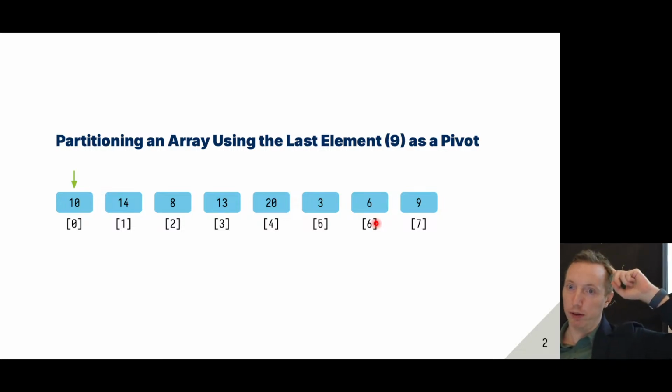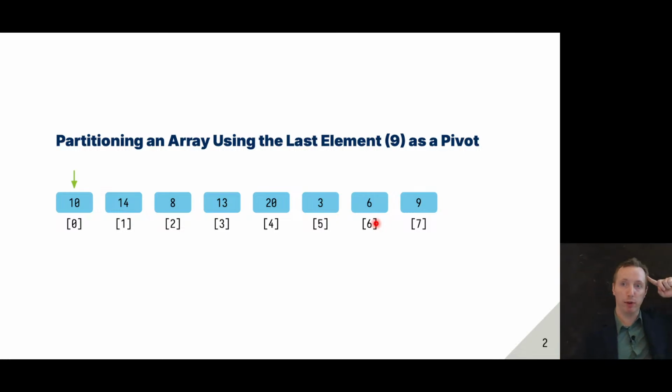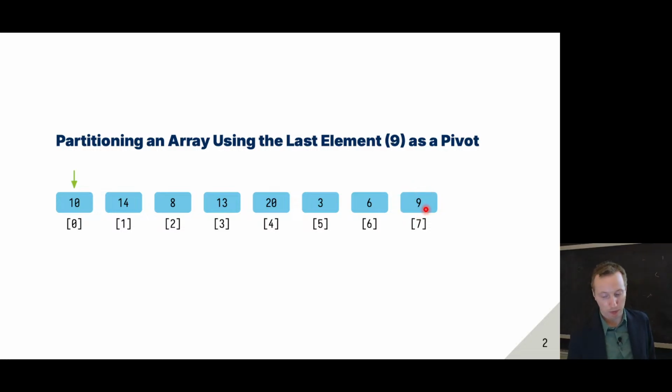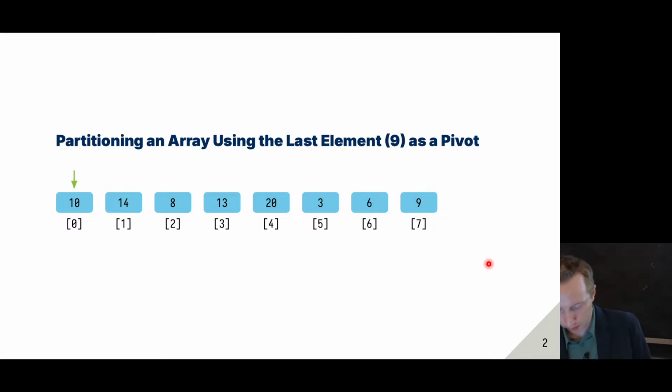And then the idea is once we're done, well, the green arrow points to where the pivot should be, so we will just go ahead and swap 9, the last element, with wherever the green arrow is, and then suddenly that will be our partition. Everything to the left will be less than, everything to the right will be greater than. So everything will be compared relative to the pivot.